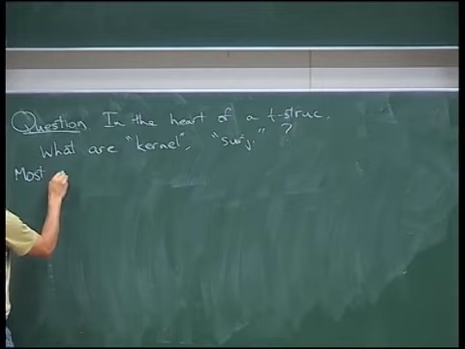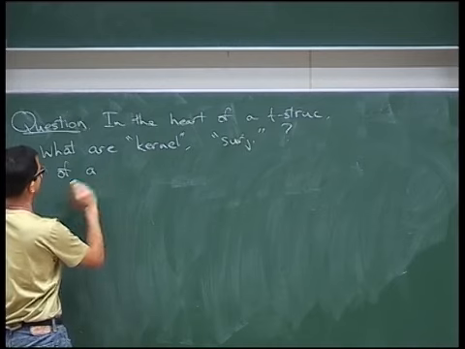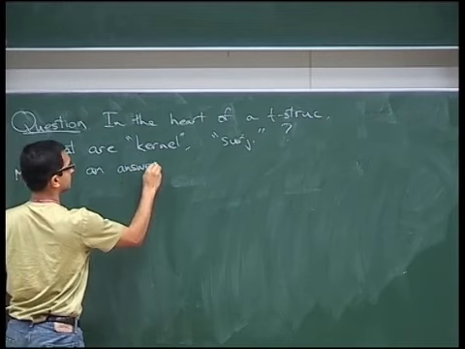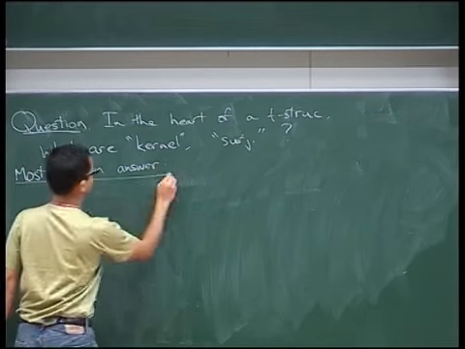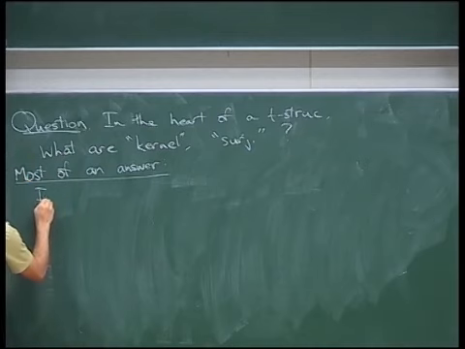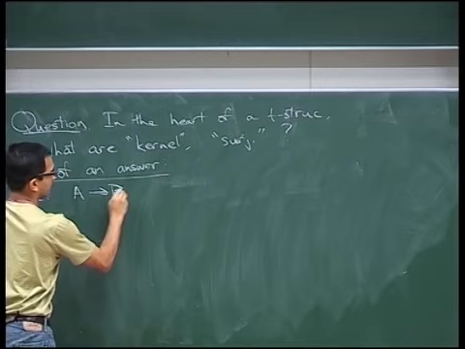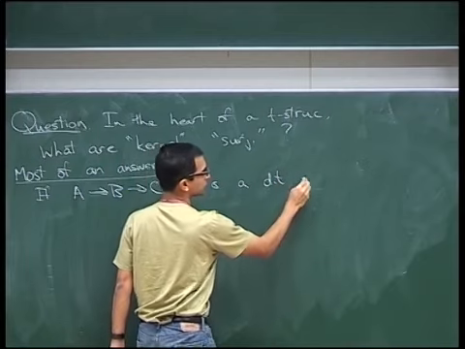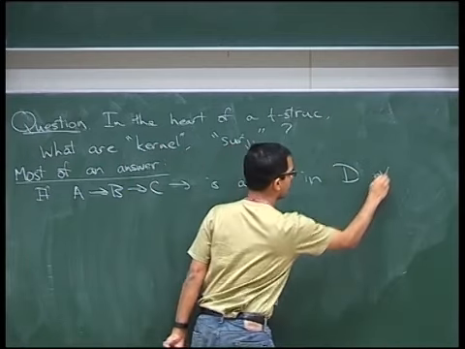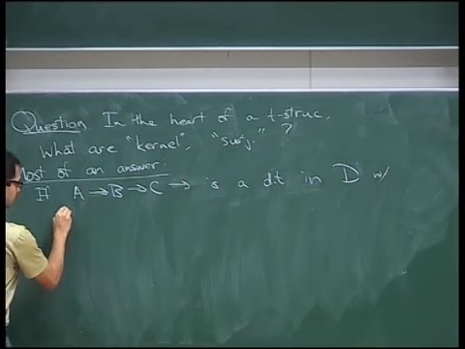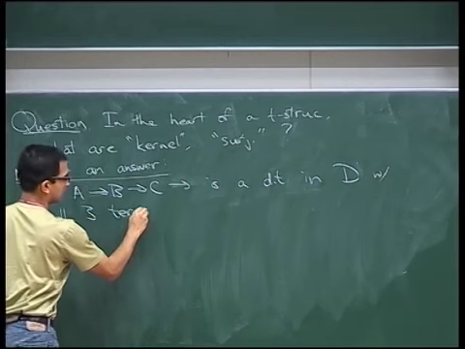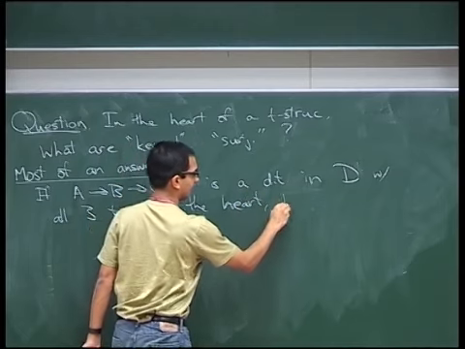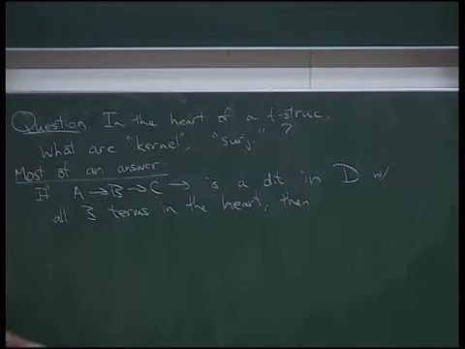Well, here's most of an answer. Here's something that I think of as a concise way to understand what's going on. Most of an answer is this. If A, B, C is a distinguished triangle in the triangulated category with all three terms in the heart, then that basically is a short exact sequence in the heart.